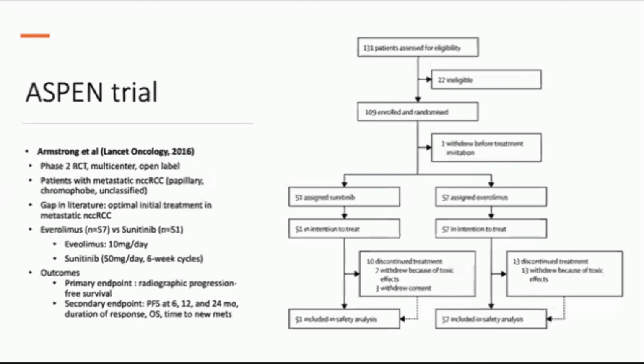The treatment regimen here was the same as the ESPN trial, and their primary outcome was radiographic progression-free survival, and their secondary outcomes were progression-free survival at 6, 12, and 24 months, as well as duration of response, overall survival, and time to new metastatic disease.